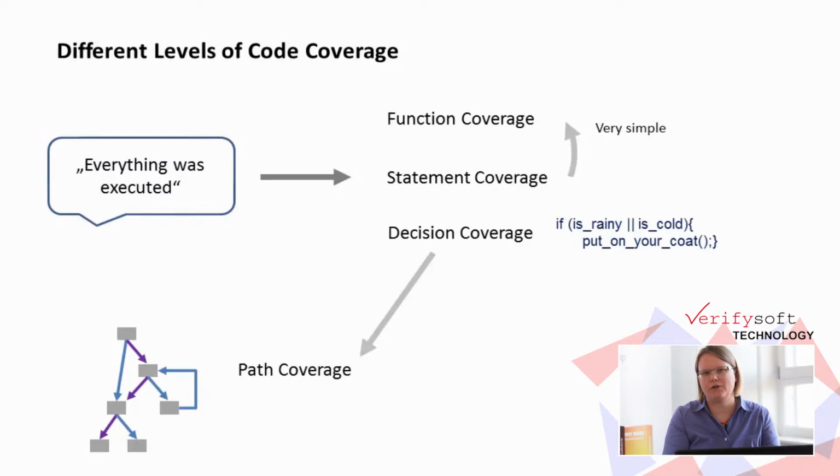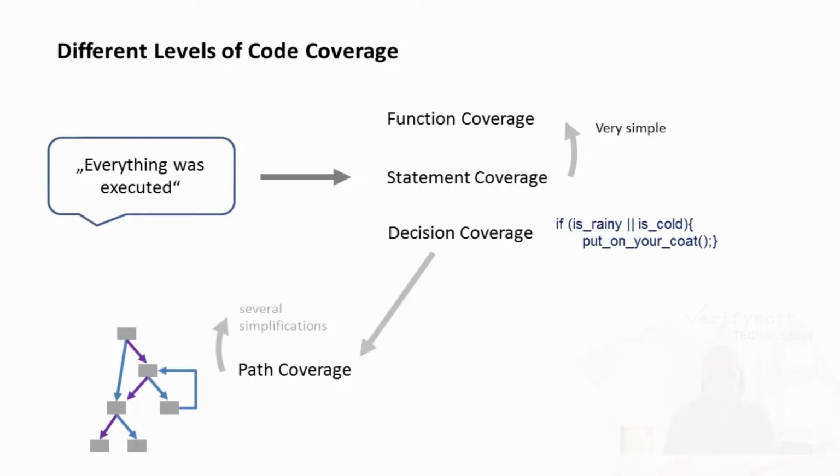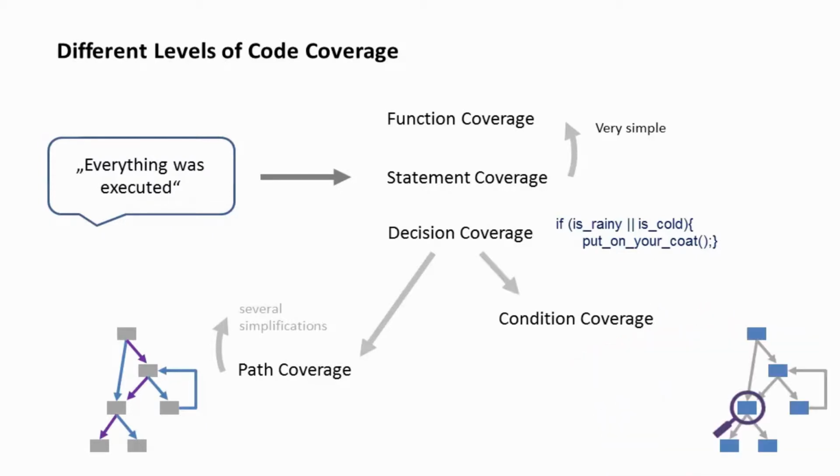There are several theoretical measures called path coverage, and these kinds of measures are looking at all possible combinations of a whole path through a program. In real life, that is not of much interest.